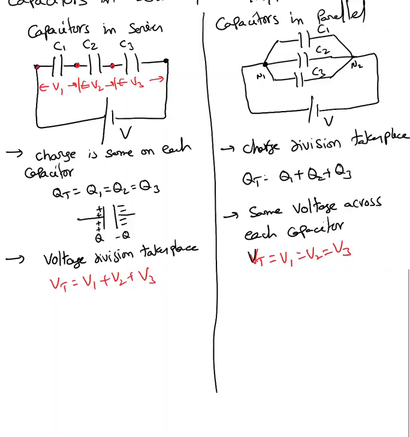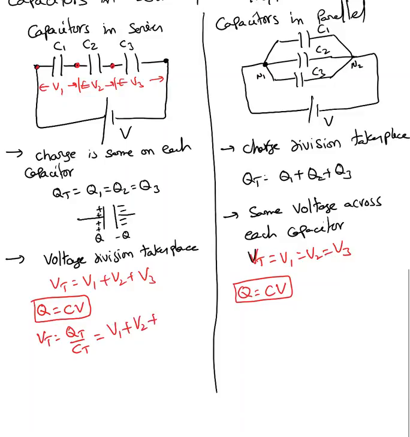Now we know that Q equals CV. So the charge on each capacitor equals C times the voltage across that capacitor. Based on this, I can write V total equals Q total over C total, which is V1 plus V2 plus V3. So V total is Q1 over C1 plus Q2 over C2 plus Q3 over C3.